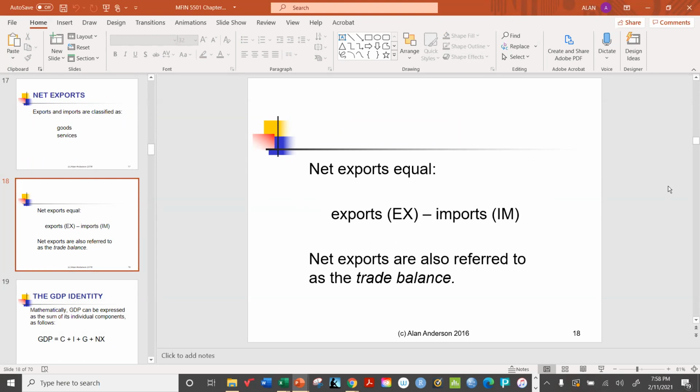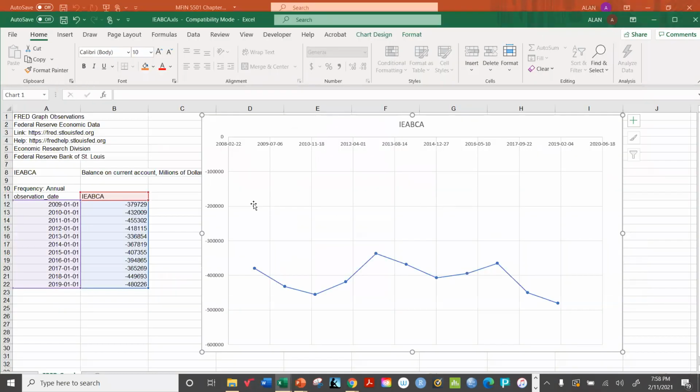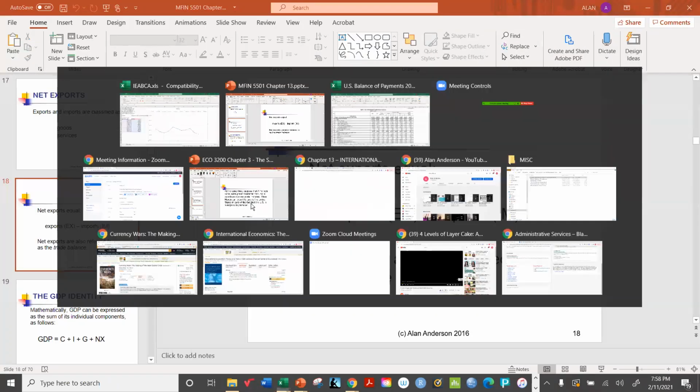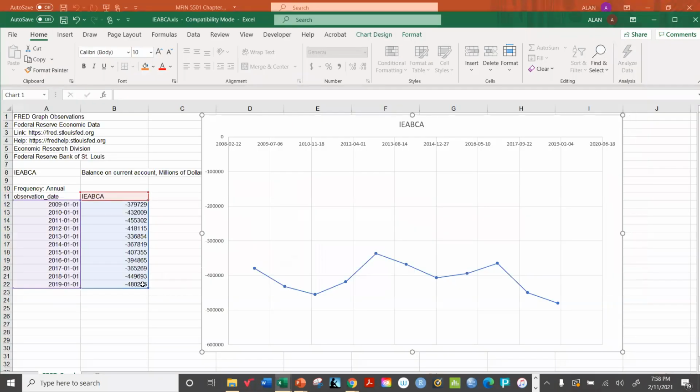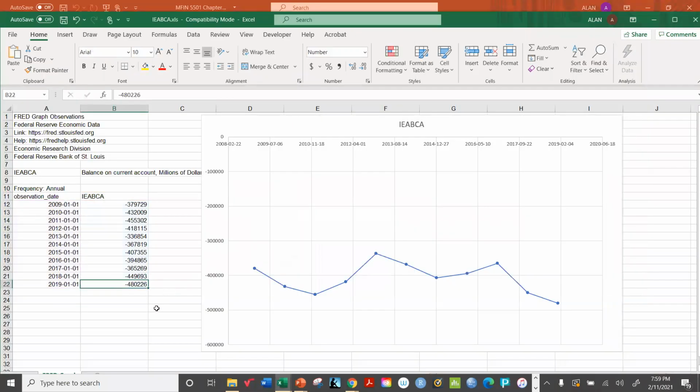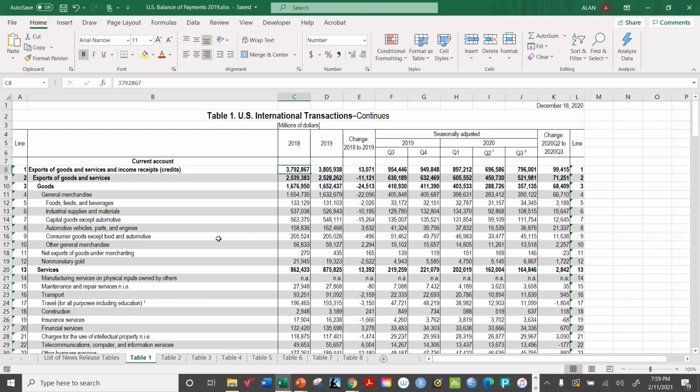Okay, now, why don't we take a quick look at our printout here and see what our deficit was. According to this chart, our deficit for 2019 was in the neighborhood of $480 billion. But let's look here.